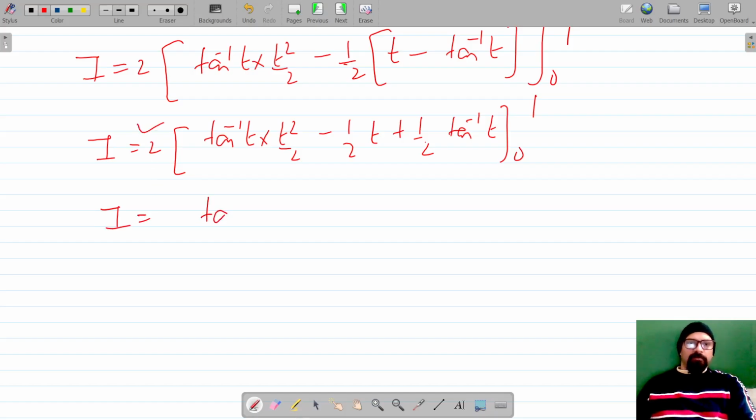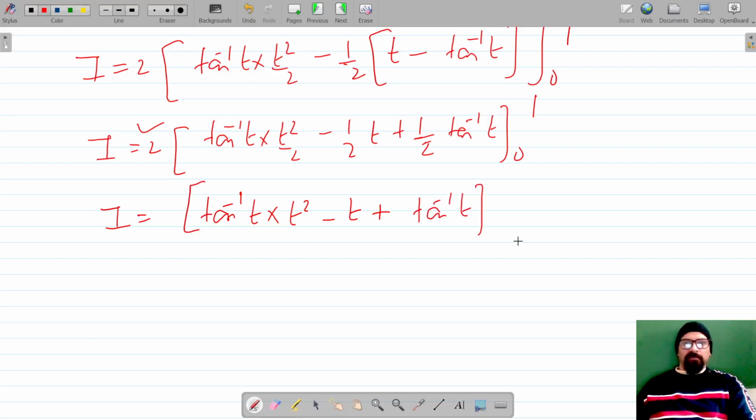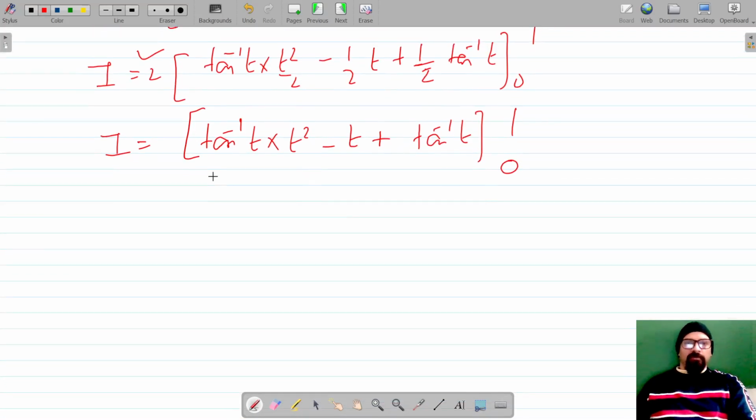So this is tan inverse t into t squared minus t plus tan inverse t, and let's evaluate it for the limits 0 and 1. For all these terms, we are going to put t as 1.